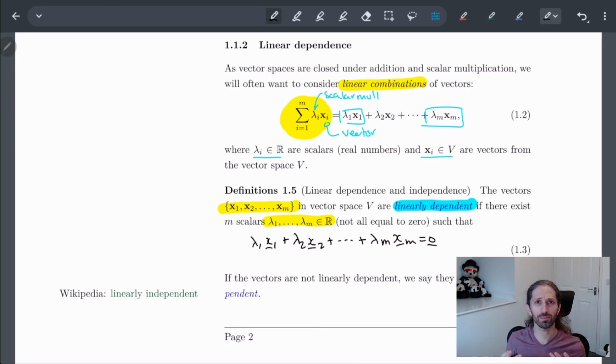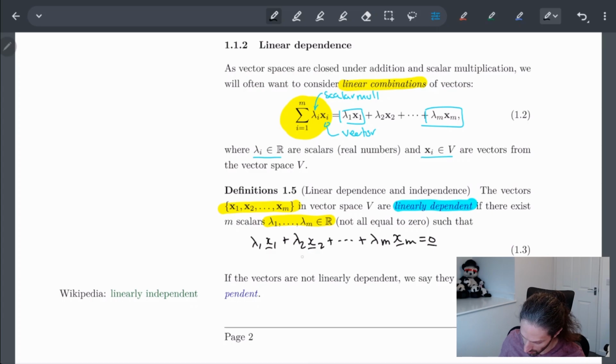Why do we call them linearly dependent? If you look at this equation, I can take any one of these components and move it to the other side, and you can see that that one vector is dependent on the other ones.